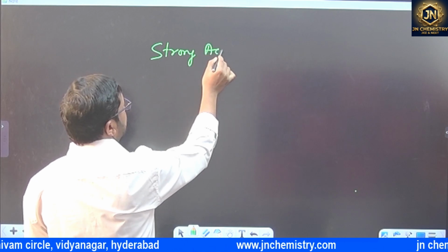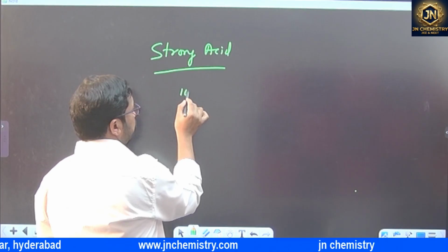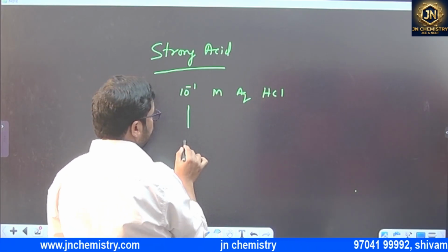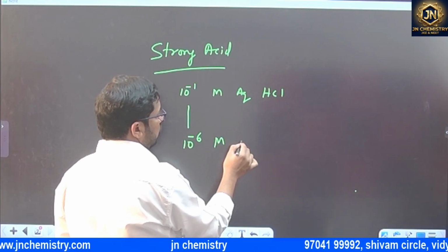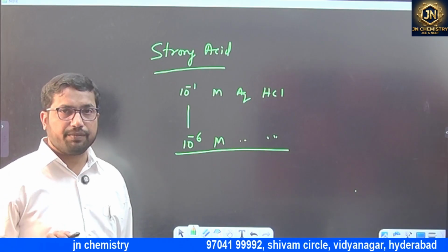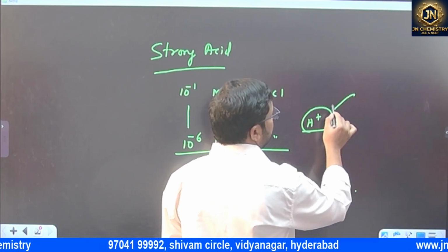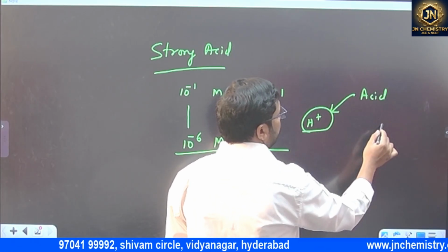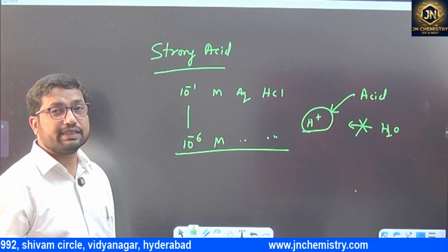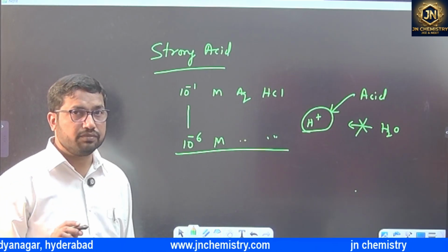In case of strong acid, from 10 to the power of minus 1 molar up to 10 to the power of minus 6 molar aqueous HCl, we need to consider only the H plus coming from the acid. We don't need to calculate the water's contribution, because the percentage of error is less than 1%. So we just neglect the H plus coming from water.